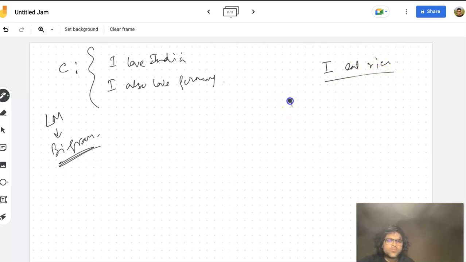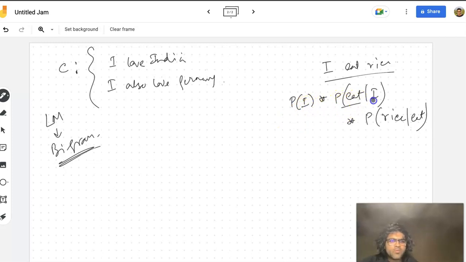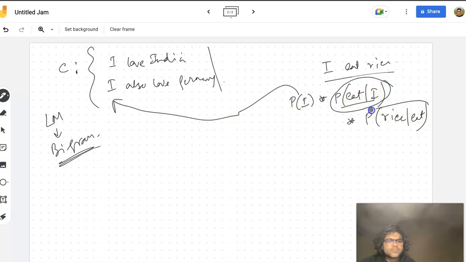It will be the probability of I, then the probability of eat given I, and ultimately the probability of rice given eat. Can you find these probabilities from this corpus? You can find the probability of I because I is already there. But how will you find the other two, the probability of eat given I and the probability of rice given eat?